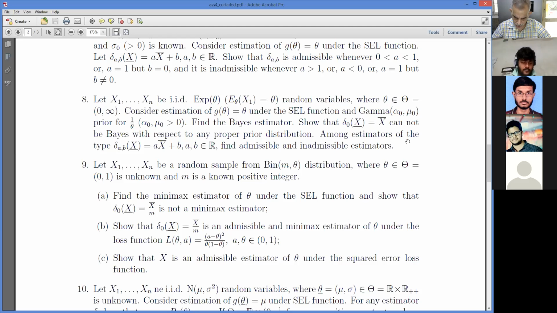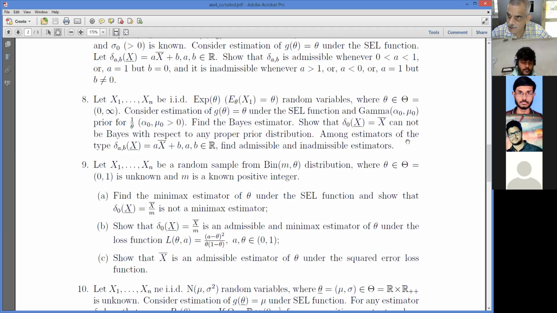Now n upon (alpha naught plus n minus 1) can go anything from 0 to n upon n plus 1. So with that, you can get a range: A belonging to the open interval 0 to n upon n plus 1 and B belonging to 0 to infinity.